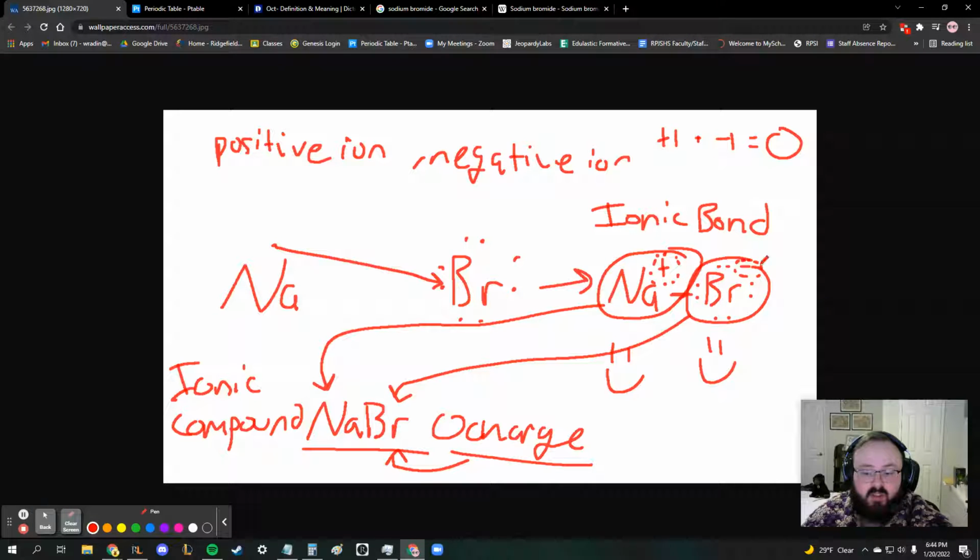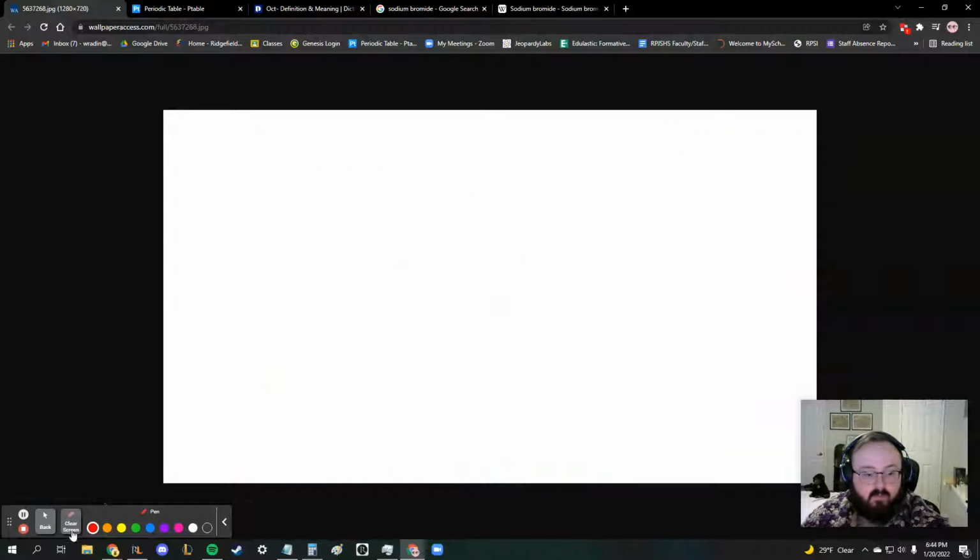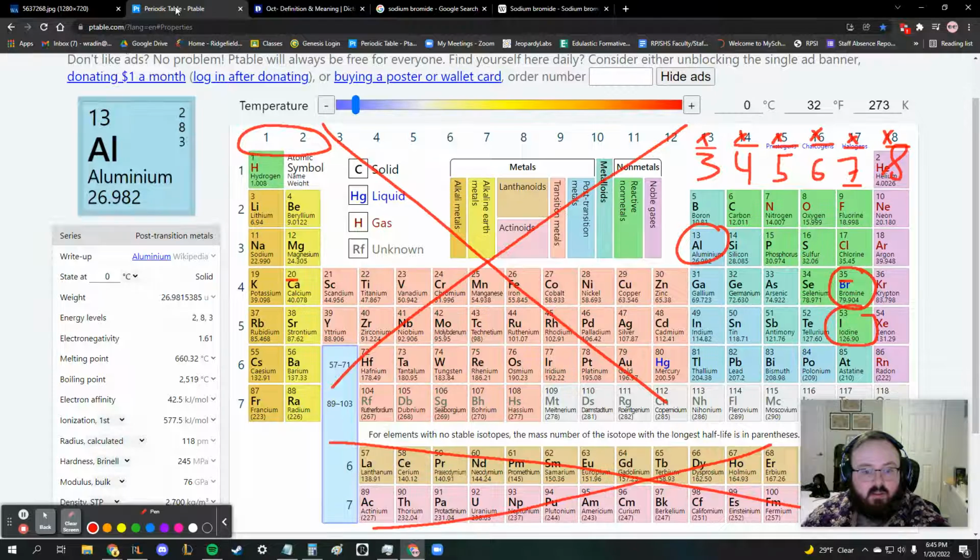I want to bring up just another example really quickly as a more advanced example. So let's take, for example, calcium and fluorine. So we go to our periodic table. Here's calcium, and here is fluorine.